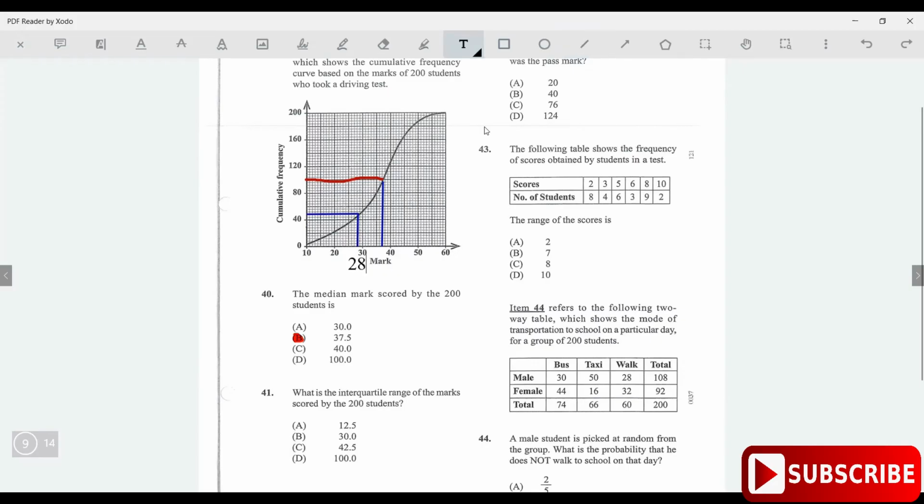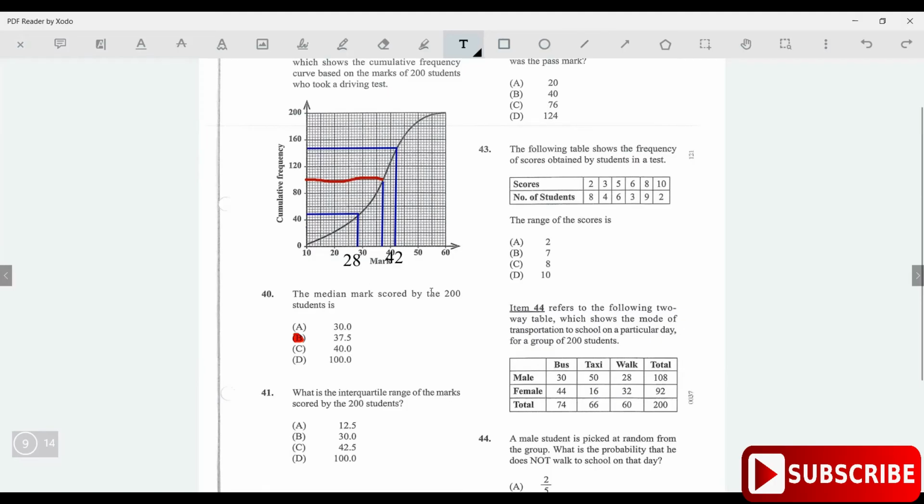All right. Then we're going to find Q3. So we go up to 150. 150 is here. We go across to here. We come down. That is roughly 42. I'm going with 42. It's not 100% accurate.